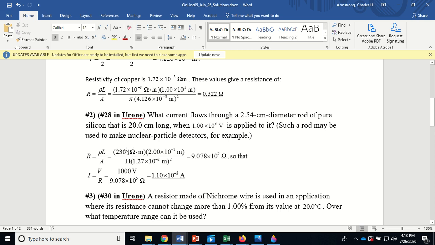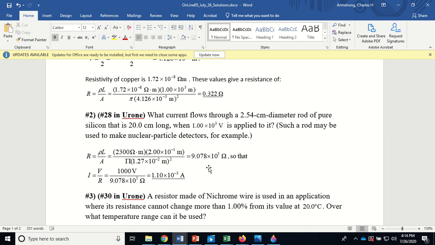Okay, so you take that number times the length, 20 centimeters, which is 0.2 meters, 2 times 10 to the minus 1 meters. And then that's supposed to be pi right there, I hit the wrong thing. So then pi times 1.27 times 10 to the minus 2 meters squared. That was the radius, because you have to divide the 2.54 in half. So you get 9.078 times 10 to the 5th ohms.